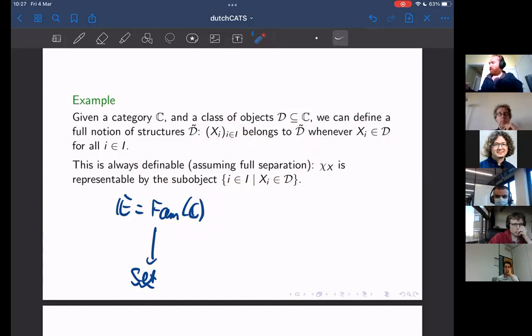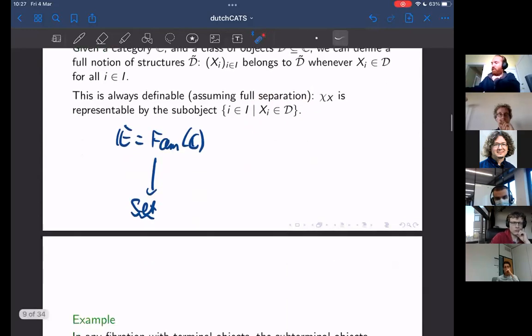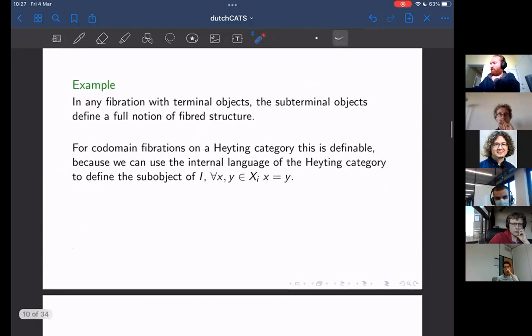And we know it has to be definable by a subset of I, because the representing object is a monomorphism, and it's by this subobject: just those i in the indexing object such that X_i belongs to our class D. So that's the typical picture to keep in mind for full notions of structure.